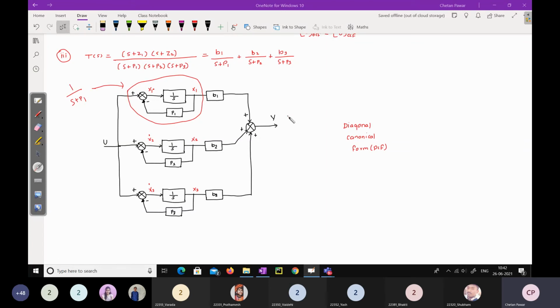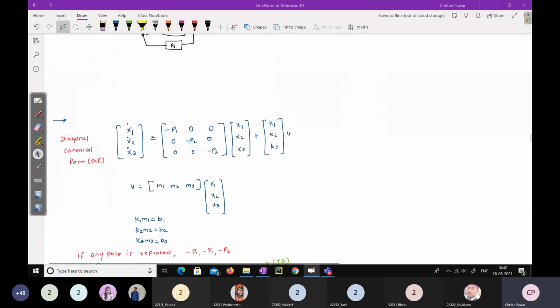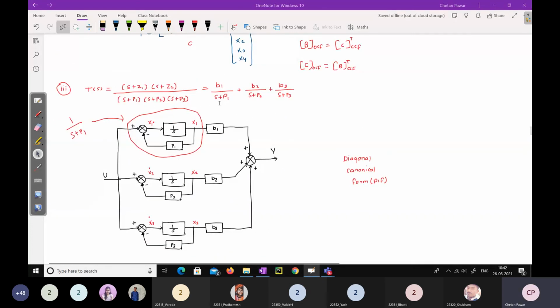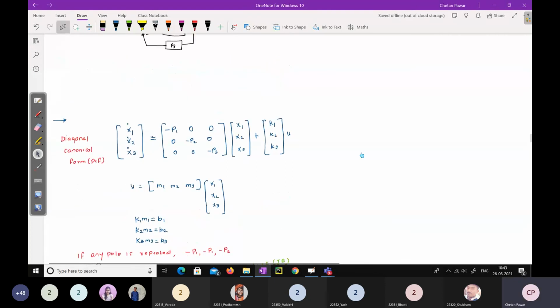Now how to represent a state space model for it? Let us see. Here you can see these three terms are there, right?